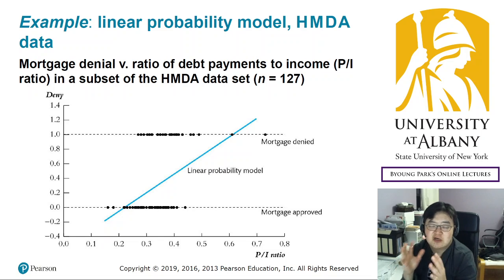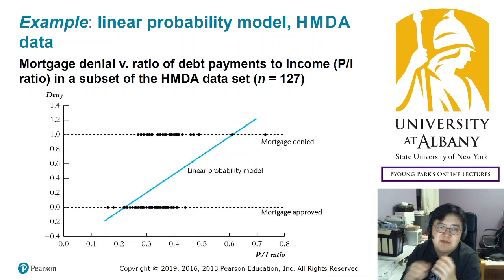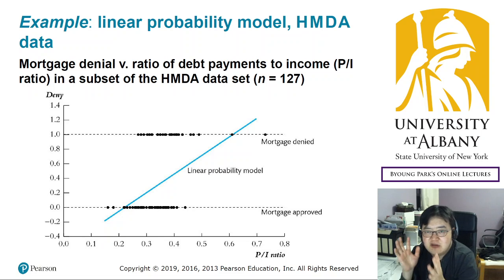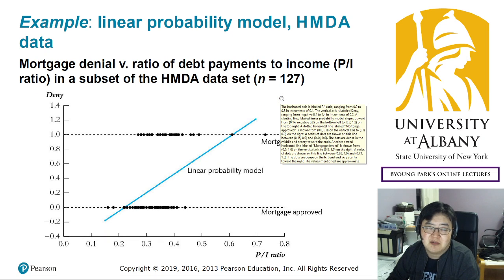So the outcome is always 1 or 0, and we are estimating the probability that the outcome equals 1. So that is the interpretation of the linear probability model. We call this linear probability because the probability is estimated by a linear function, which causes many problems.